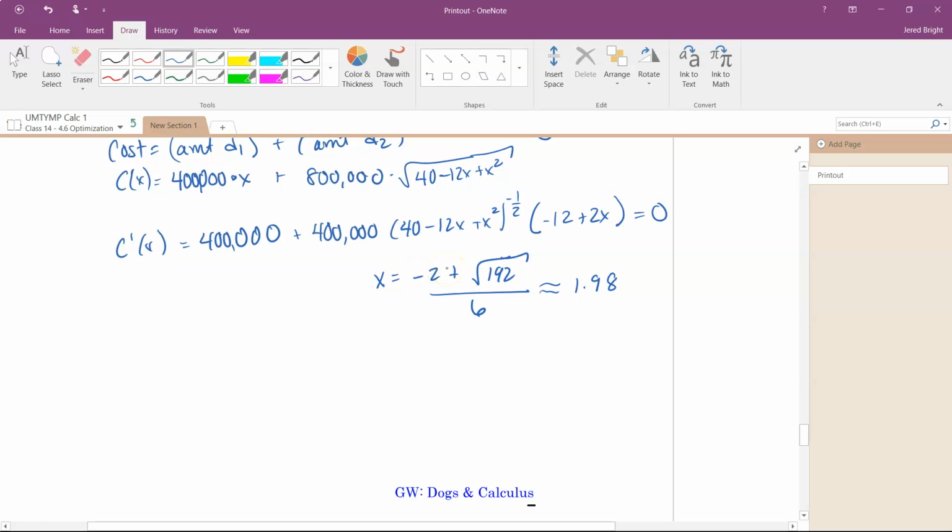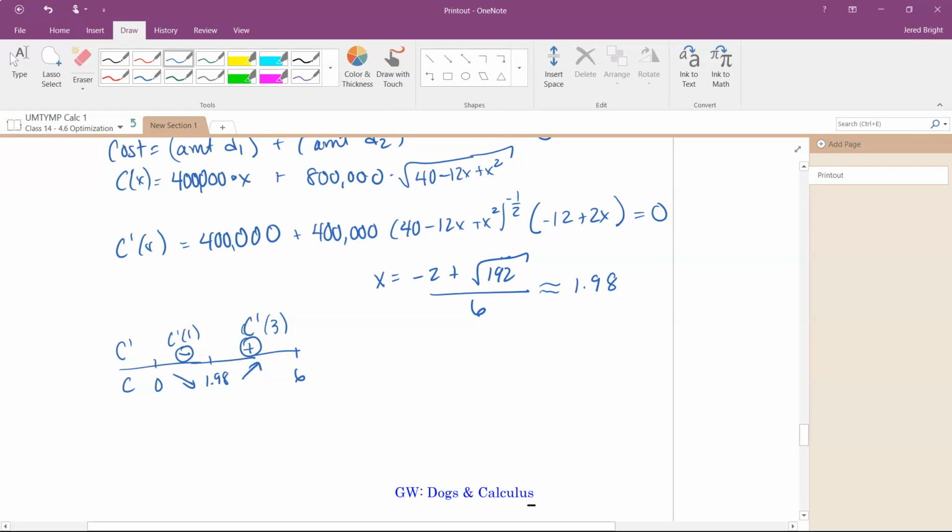I would probably do the first derivative and make a C prime chart. We're somewhere between 0 and 6, and we're testing this 1.98. So I would say C prime of 1 and C prime of 3. If you calculate this out, C prime of 1 ends up being negative and C prime of 3 ends up being positive, so you do get the minimum that you need.